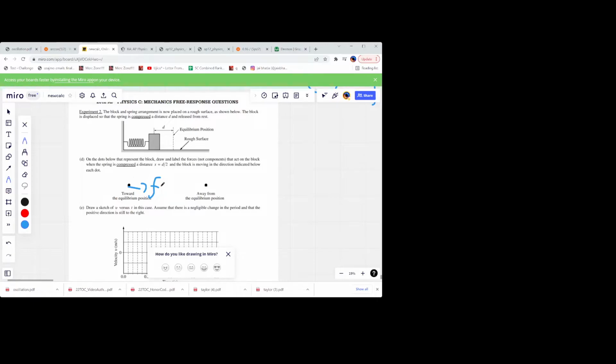What also goes this way is kd over 2. And then here, this is still kd over 2.